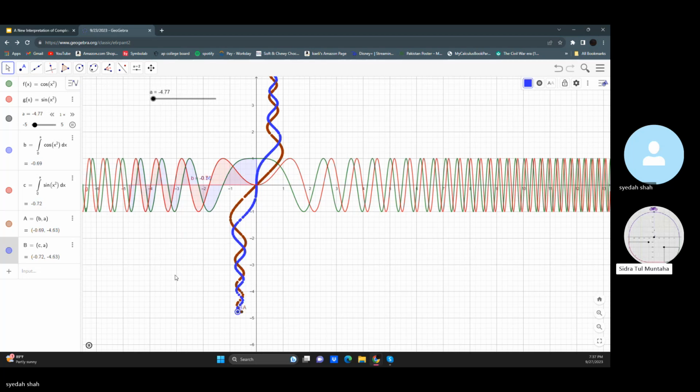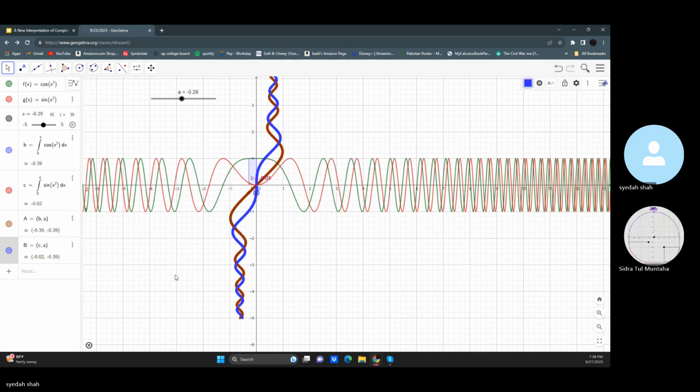So these are actually the parametric curves for the Euler spiral. So we are plotting area against time, right? We need to make a little bit of change in our points.